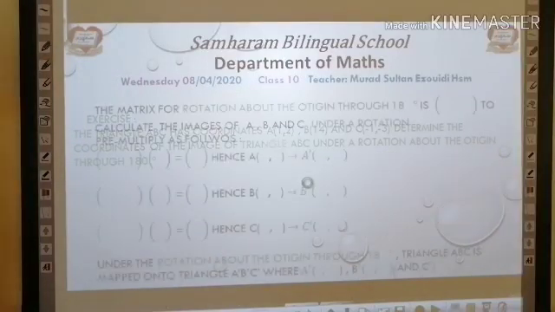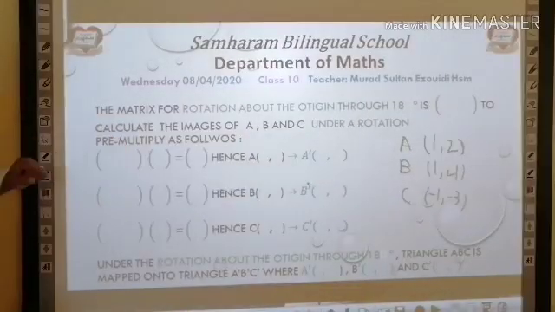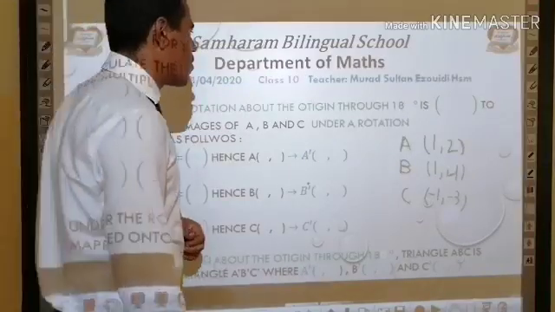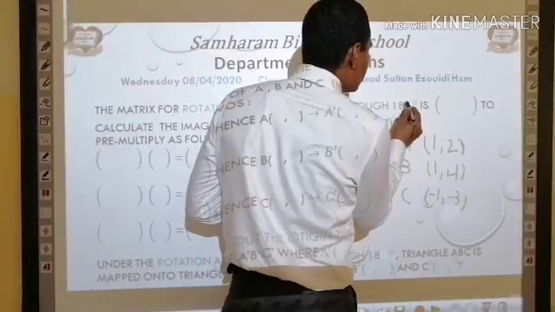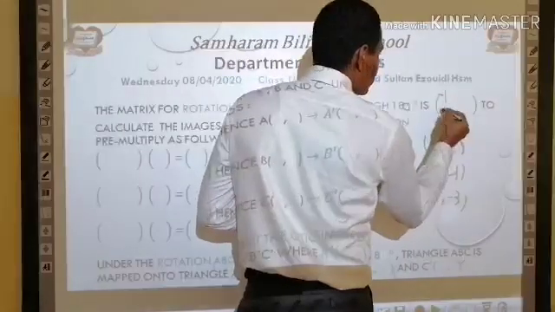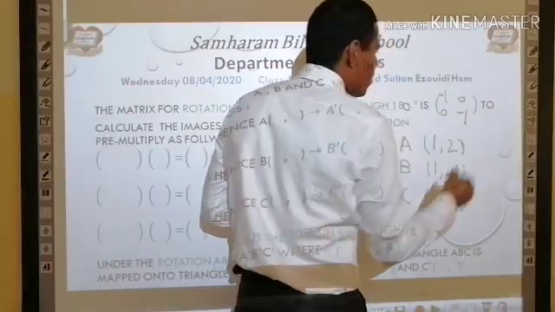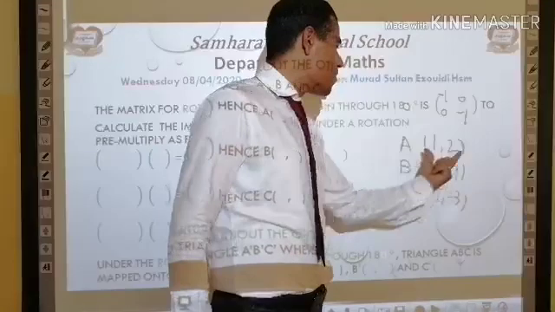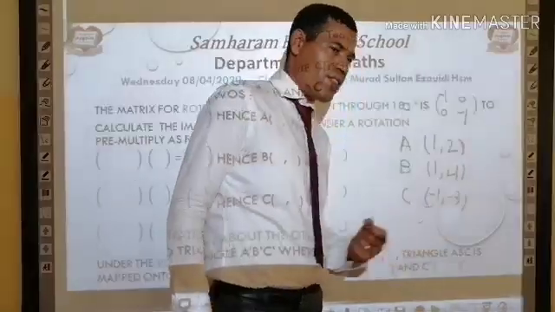Okay, let's do it. We said that the matrix for rotation about the origin through 180 degrees is -1, 0, 0, -1. You will multiply this matrix by the coordinates of this point to find the image.